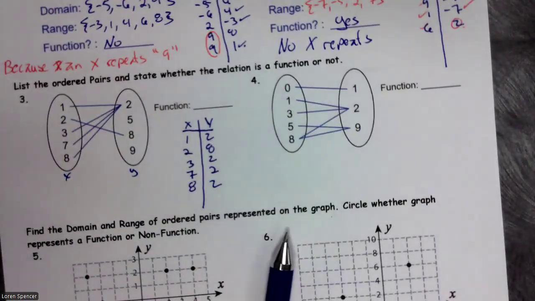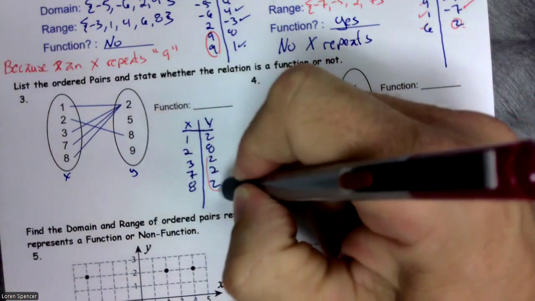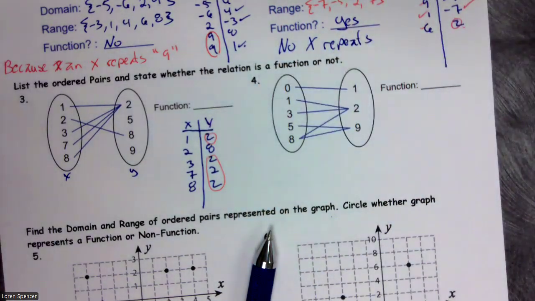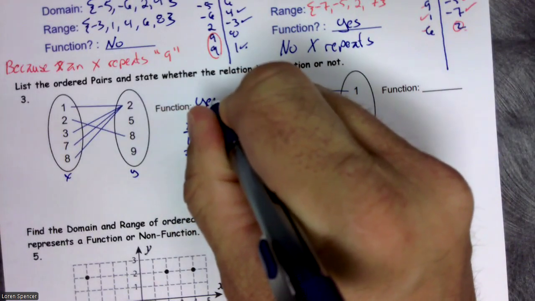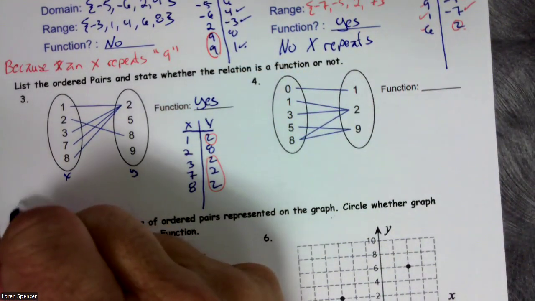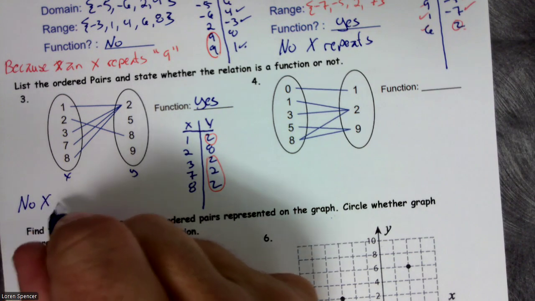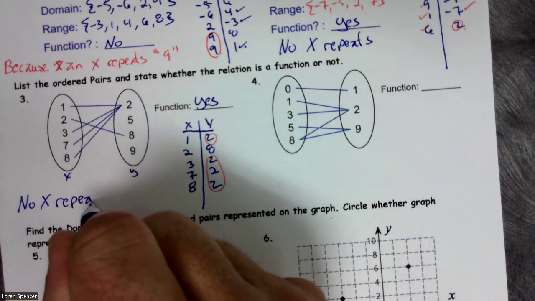When I look at it, I have a lot of y's that repeat, a whole bunch of 2's. Y's can repeat. Yes, it is a function. Why? Because no x repeats.